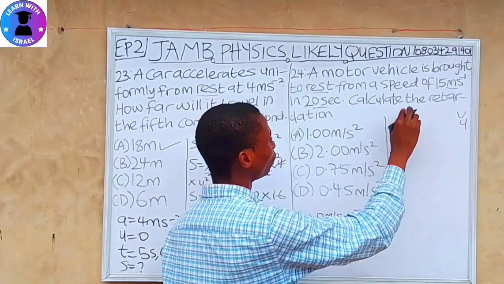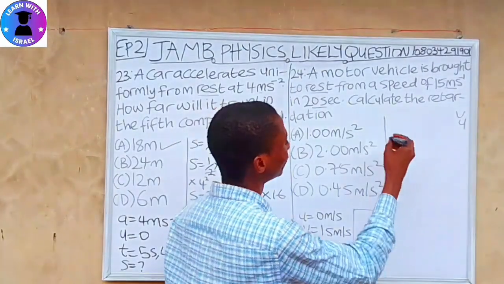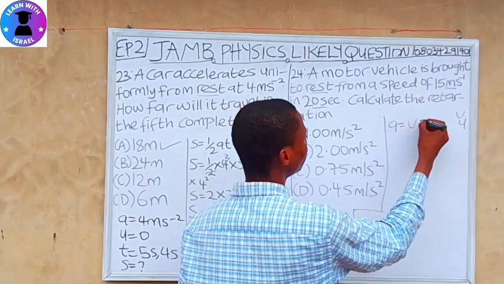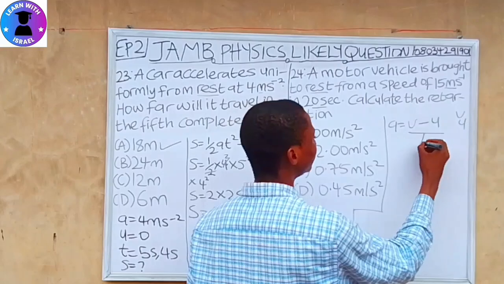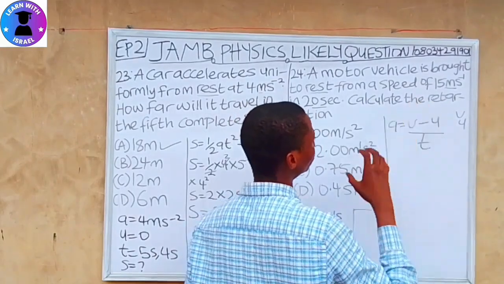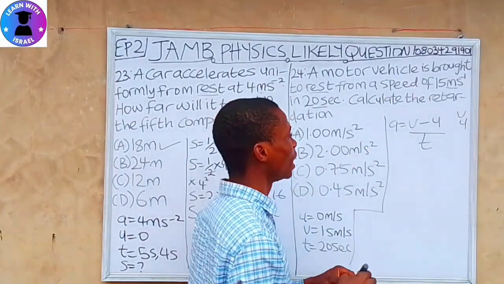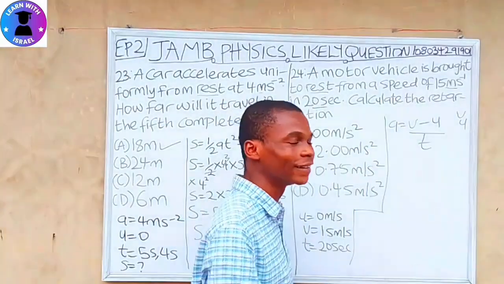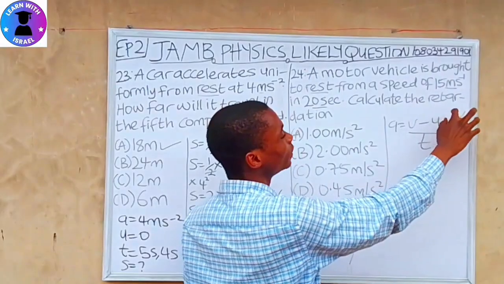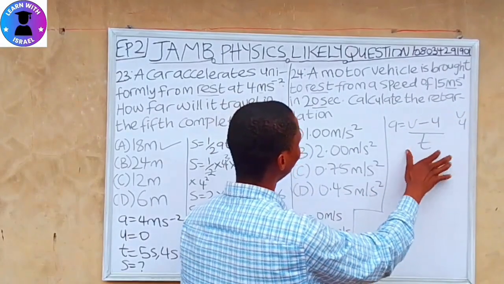So how do we solve? It says calculate the retardation. The formula we'll be using is acceleration equals v minus u over t. When calculating for retardation, this is the formula you are going to use. Calculating for retardation also means we are looking for our acceleration, and to get the acceleration you subtract the initial velocity from the final velocity and divide by your time.